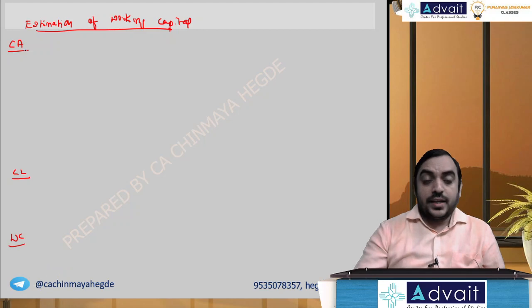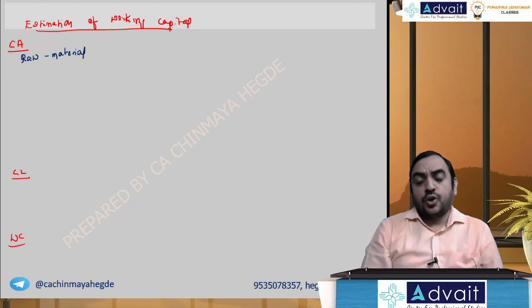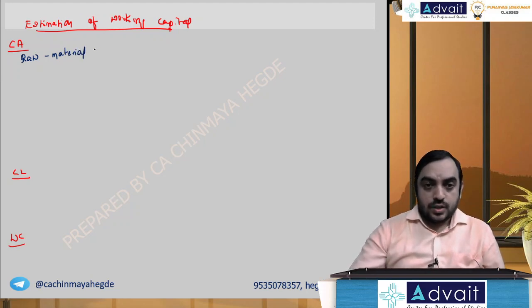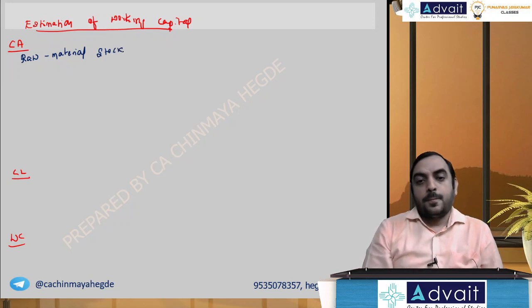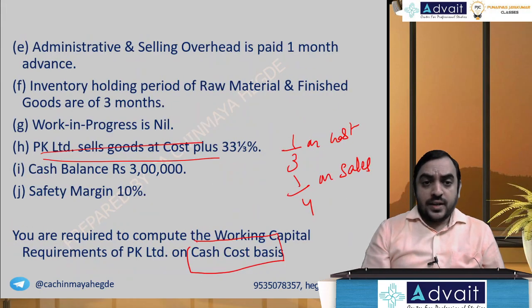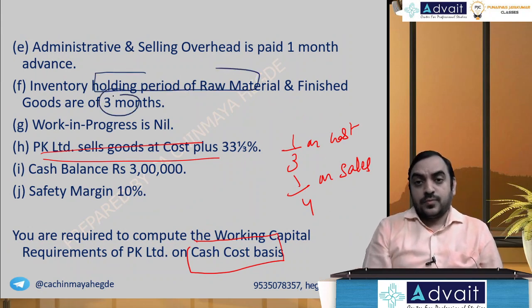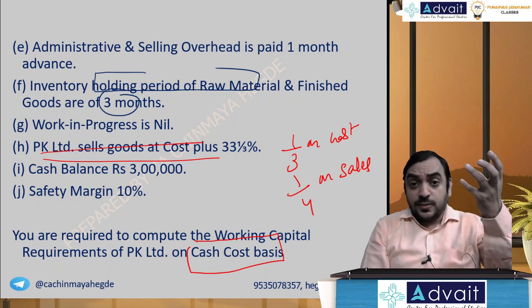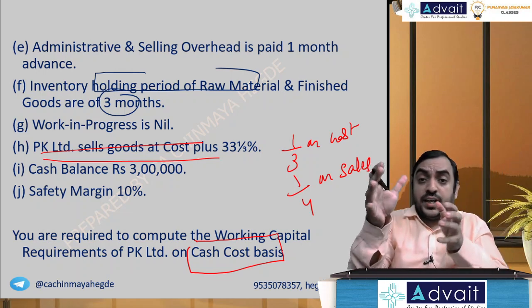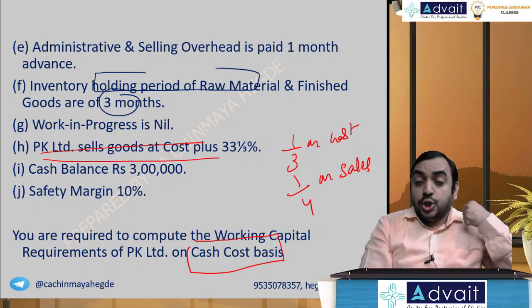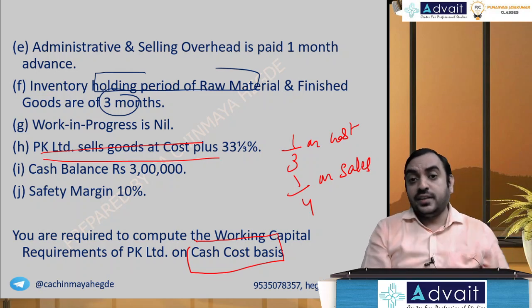Current assets, raw material inventory. Inventory for raw material, raw material closing stock. And what they told? Raw material stock holding period is 3 months. Whatever I consumed annually, 3 months proportionate, I will hold it with me throughout the year at any point during the year.